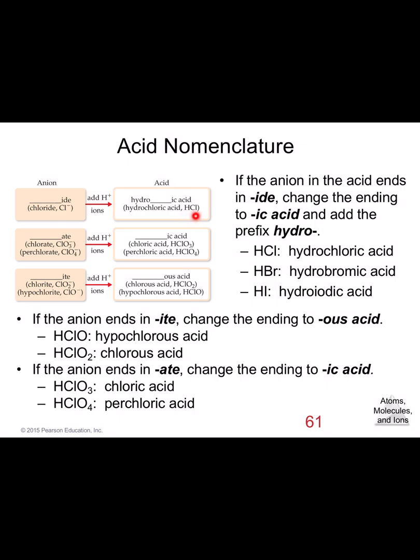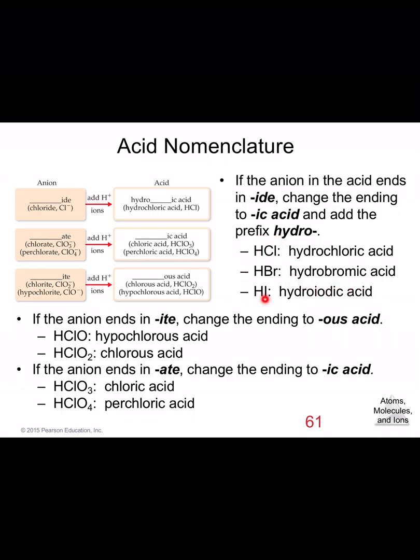If it is bromide, you add H plus and get hydrobromic acid. If the anion ends in ide, change the ending to ic and add the prefix hydro. HCl is hydrochloric acid, HBr is hydrobromic acid, HI is hydroiodic acid.